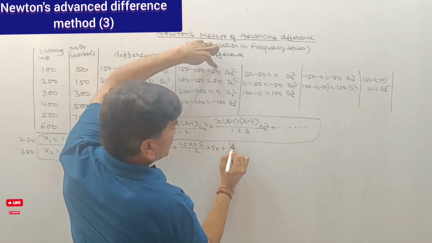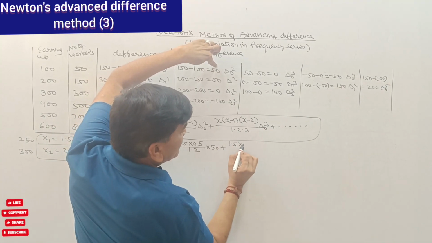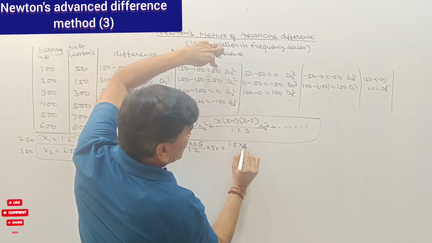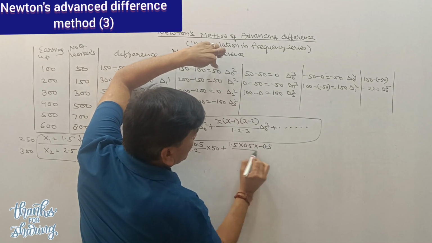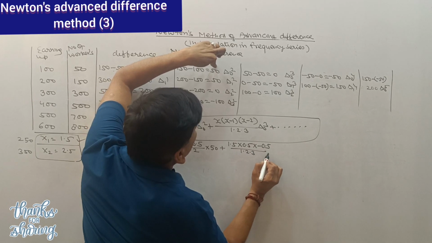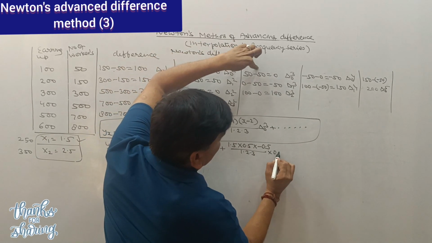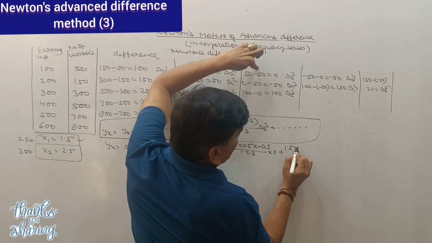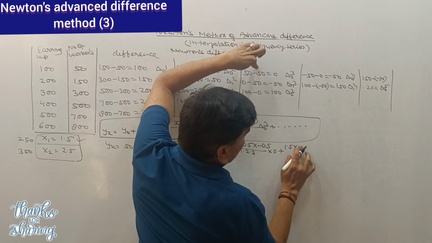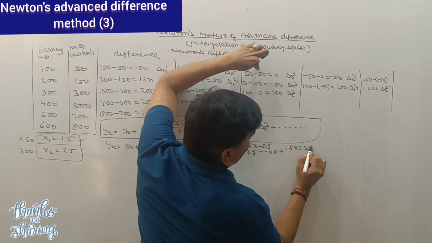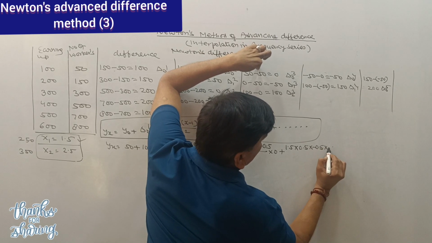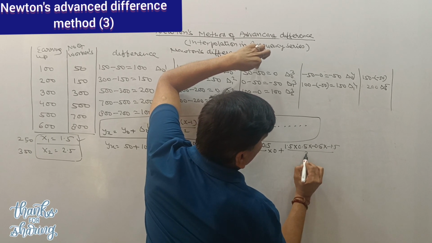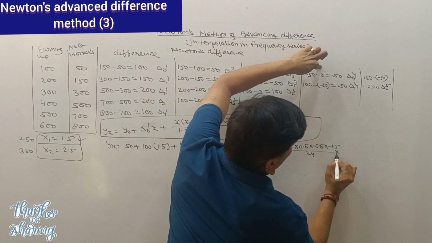Plus 1.5, 1.5 minus 1 that is 0.5, 1.5 minus 2 that is minus 0.5, divided by 1 multiply 2 multiply 3, the difference is 0. Then 1.5, 0.5, minus 0.5, multiply 1.5 minus 3, divided by 24 multiply by minus 50.